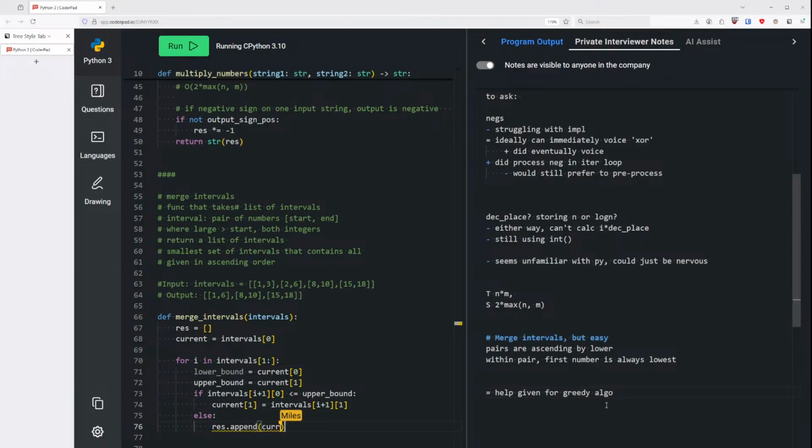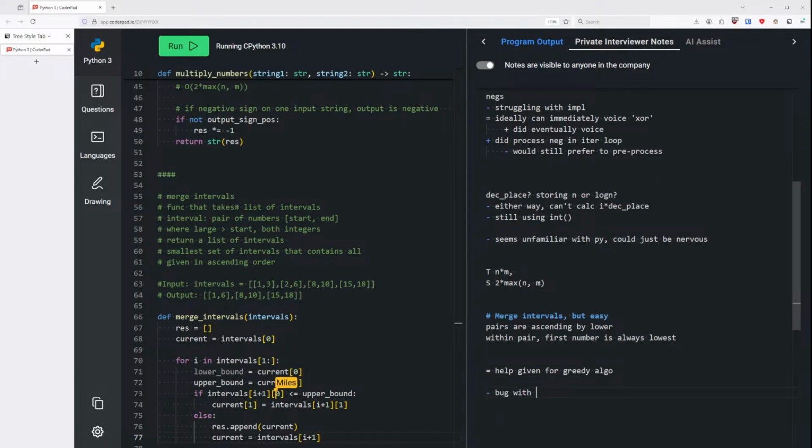Yep. So that would mean we would add current and then current equals intervals of I plus 1. Okay. And then it'll loop again, but be checking. Our current will now be 2, 6 in our example, and then we'll be checking against 8, 10.